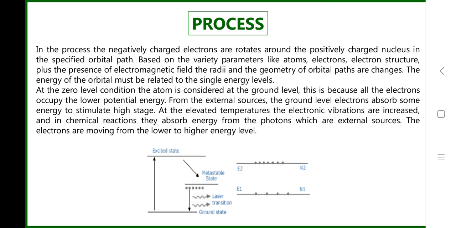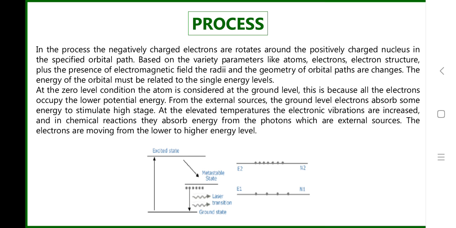Now we'll see the process of this laser beam machining. In the process, the negatively charged electrons rotate around the positively charged nucleus in specific orbital paths only. Based on various parameters like the atoms, the electron structure, plus the presence of an electromagnetic field, the radii and the geometry of the orbital path are changed.